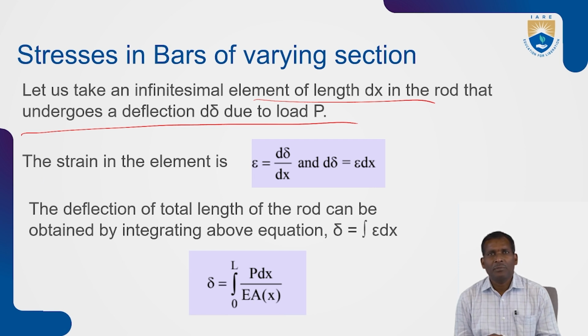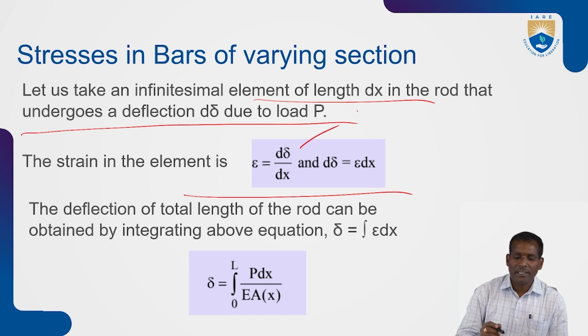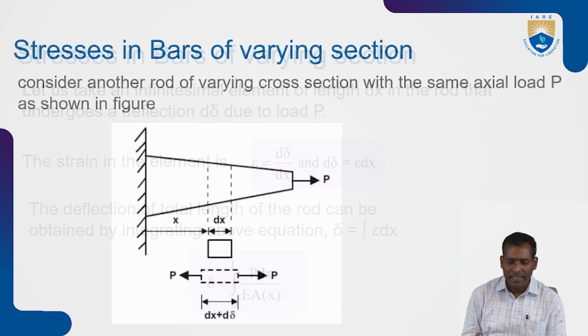The strain in the element is, how do you calculate it? The strain is change in length divided by original length. Your change in length is d delta, and the original length is dx.